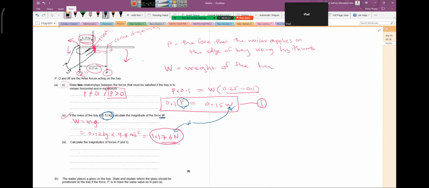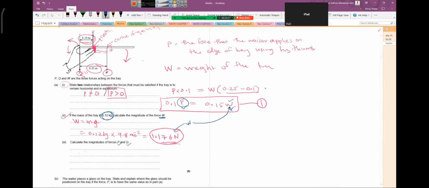So have you understood the idea? I have to find out P first, because they are asking what P and Q are. If I know W and I have already found out W, have you understood how I found W? Okay. Now if I substitute W here, can I find P?